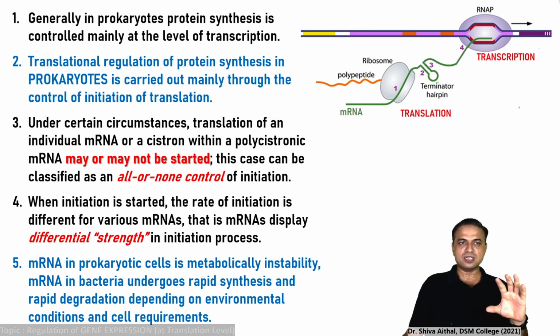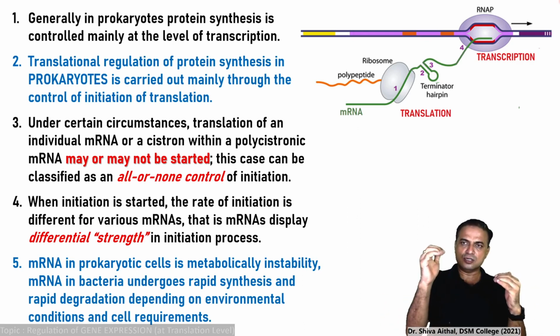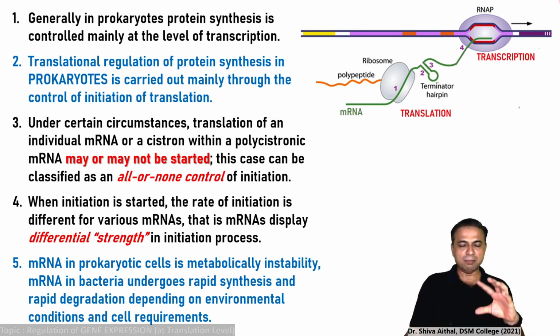So the individual mRNA or the cistron may or may not be started. That is one thing. Means all or no control. That is not allowing the mRNA or the polycistronic mRNA molecule to undergo translation. Initiation itself is blocked. So all or none, like that.